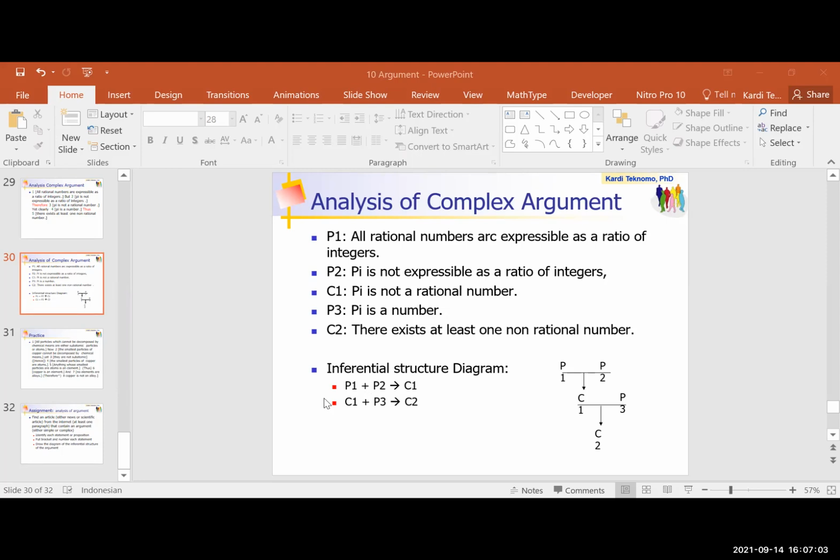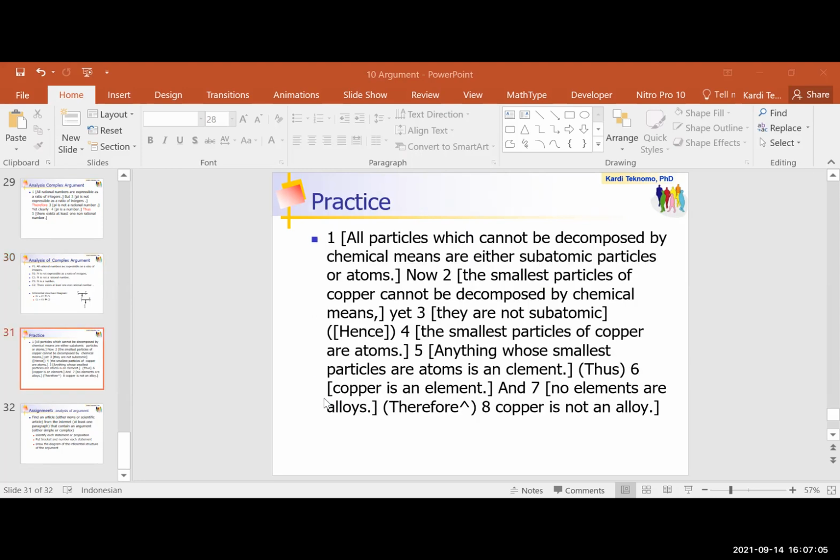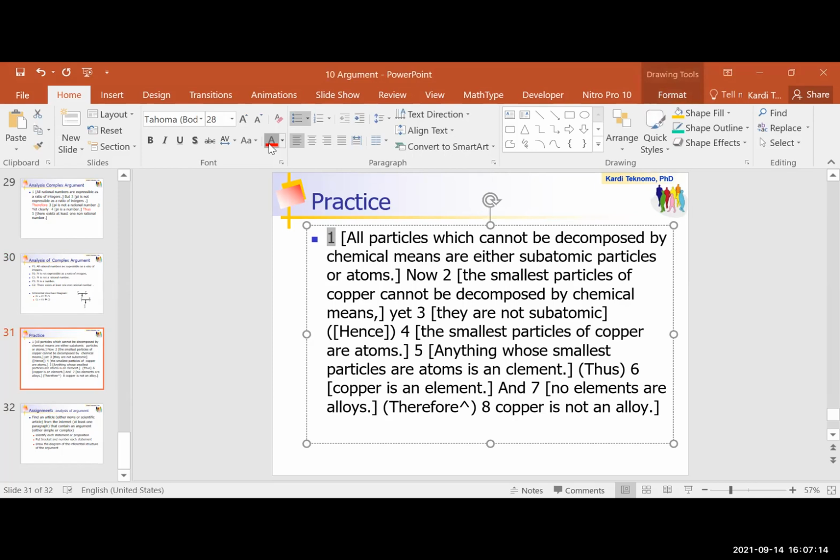Okay, so you want one more practice for the complex argument, but I don't have it. This is the new one, but I already put numbering here. So let me put the number in different colors so that you will see. Here I already put the number and the bracket.